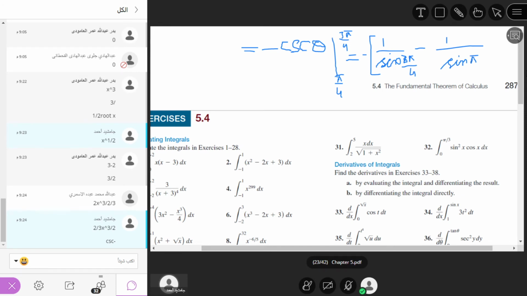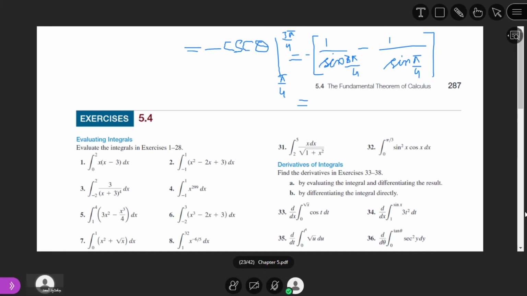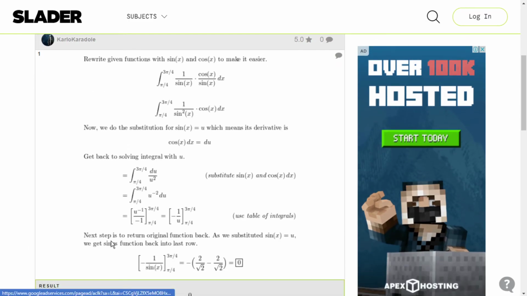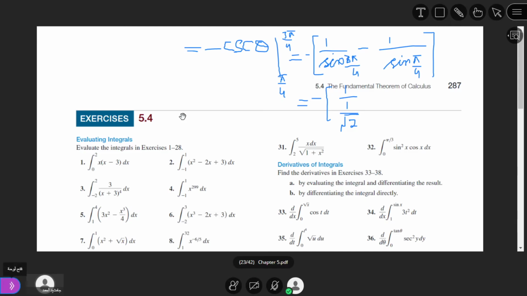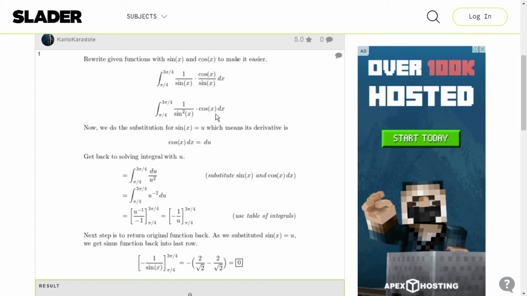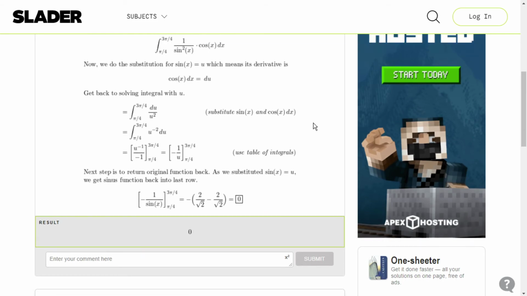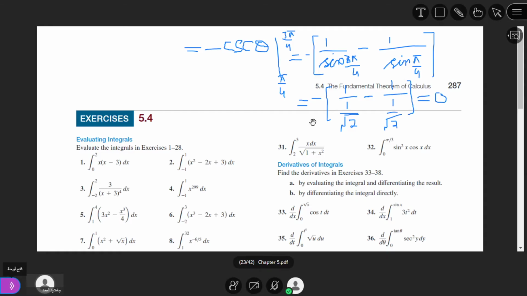Sine pi by 4 is equal to 1 over square root 2, because sine pi by 4 and sine 3 pi by 4 both values are equal. So minus 1 divided by square root 2, minus 1 divided by square root 2, so this is equal to 0.